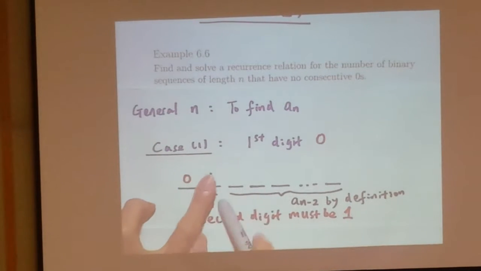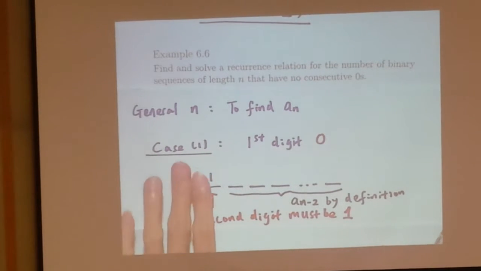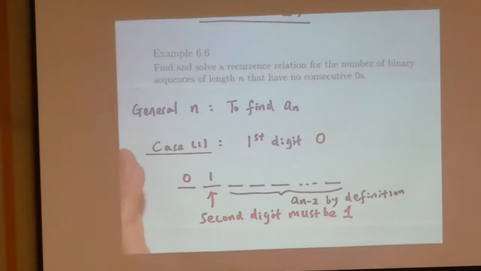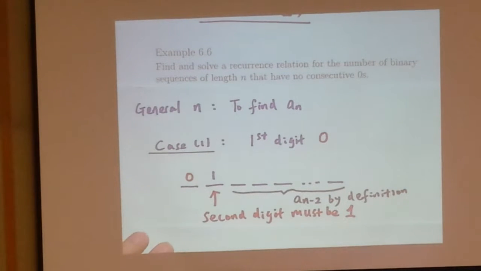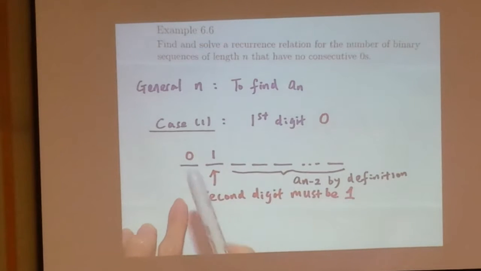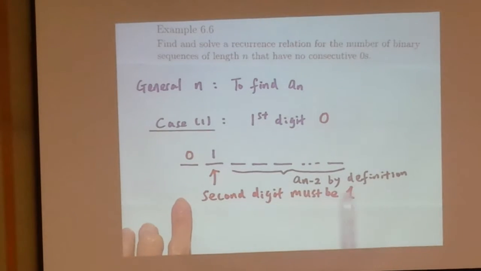You just need to know behind can be done in An minus 2 ways. So that's one thing good about recurrence relations. You just need to know how many cases there are. You take care of the condition for the case. Then behind you just say it can be done in An minus 2 ways. And that's good enough. So case 1 can be finished in An minus 2 ways.